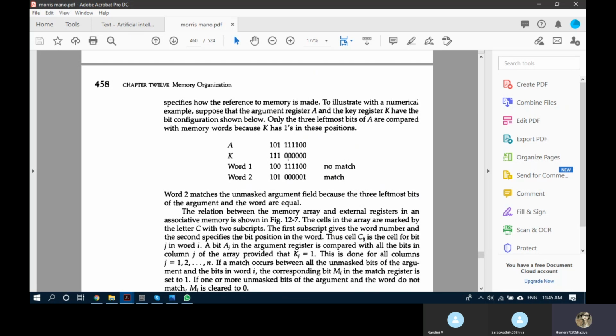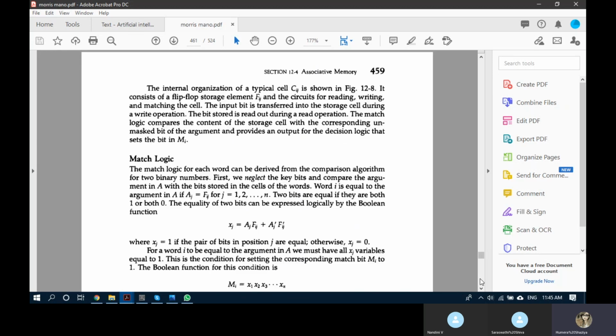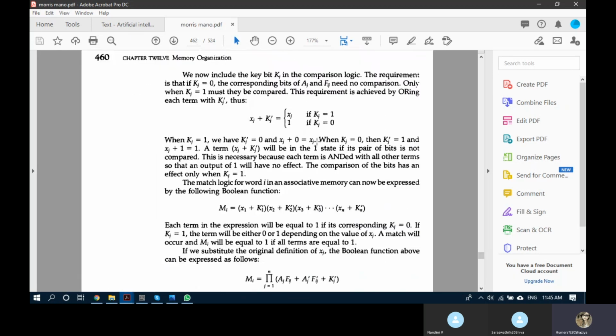When K is 0, these two are not compared, so by default it is equal to 1.